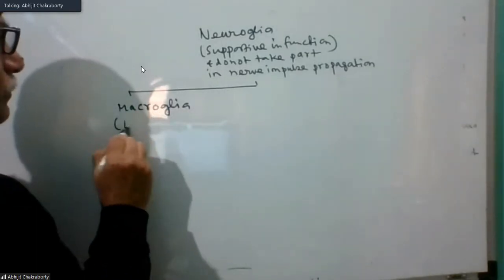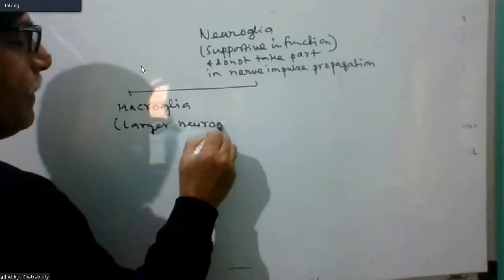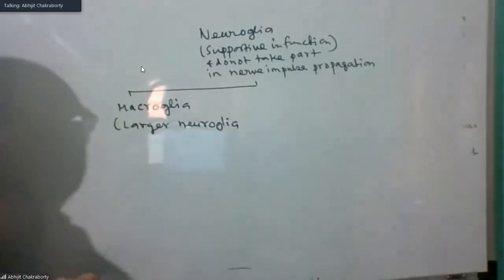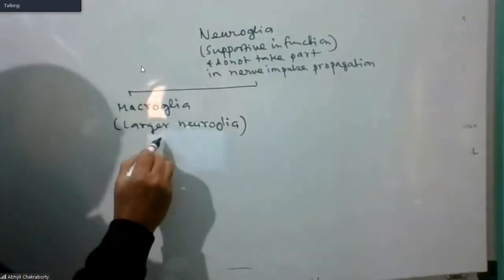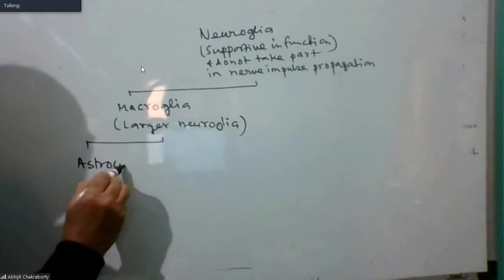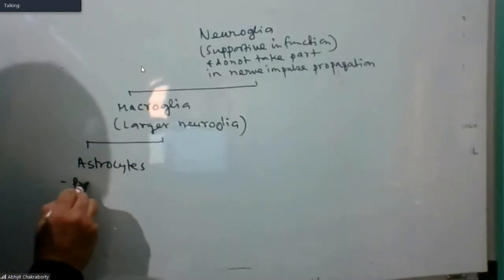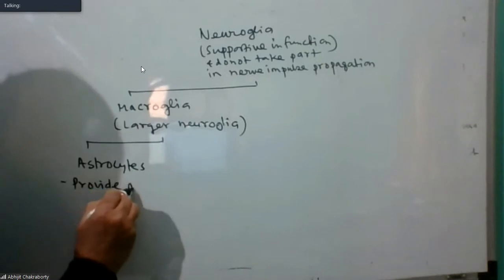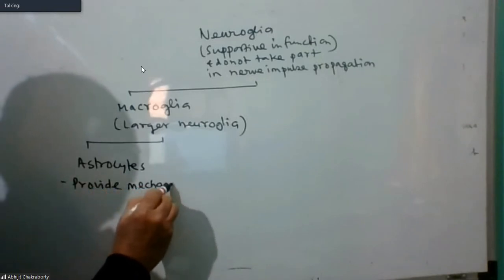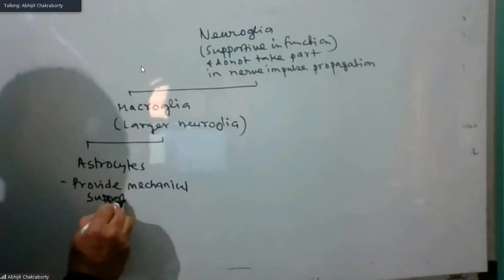Macroglia, larger neuroglia. Astrocyte: mechanical support.